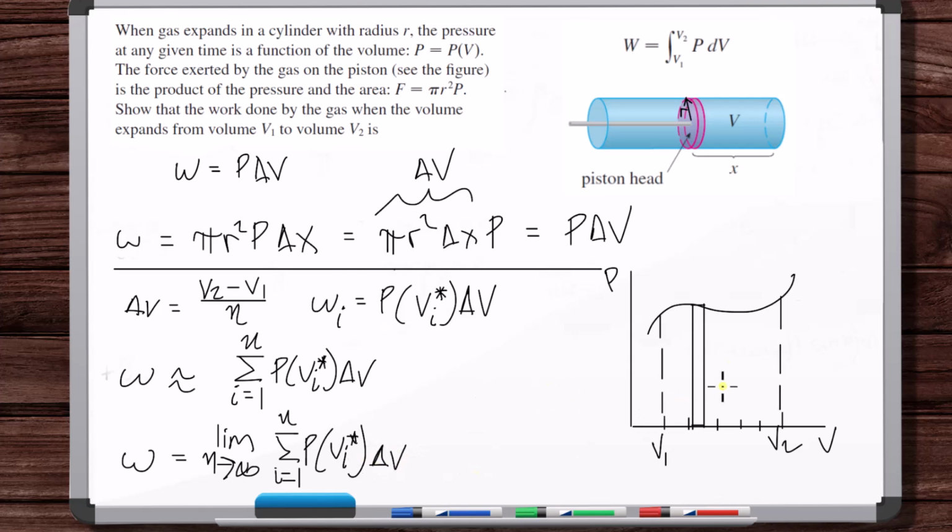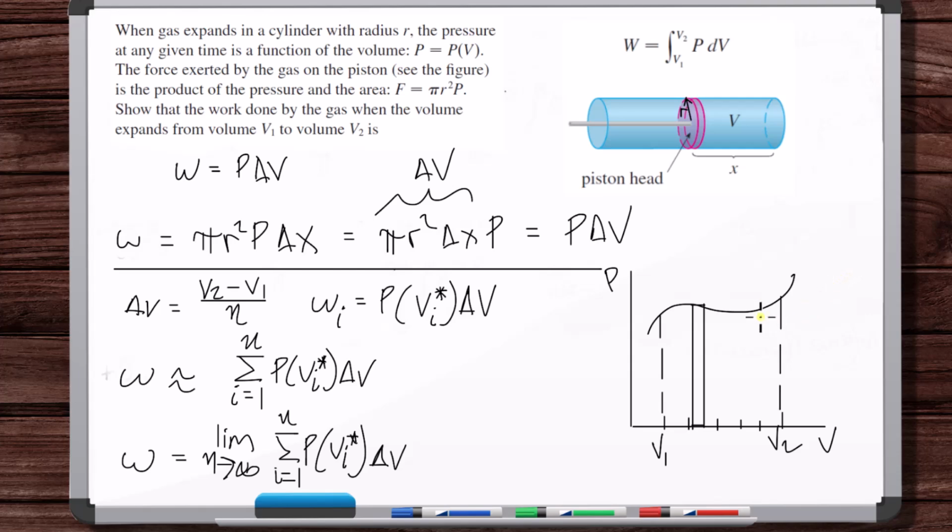As n goes to infinity, what happens? Well, there's only one factor to consider, and that's the assumption of a constant pressure. It's not an issue anymore. You might say, well, how is that not an issue? It's not an issue in the exact same way as with the area under the curve. You're assuming that the function is constant at every interval when it's obviously not.